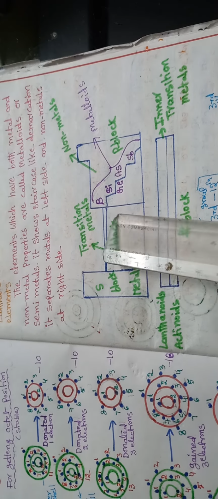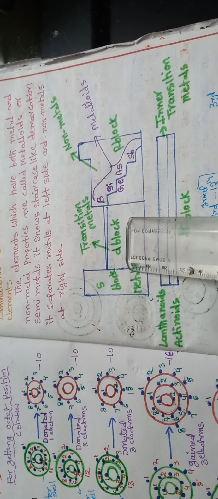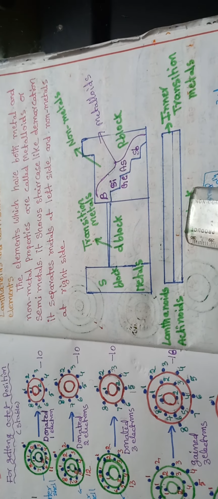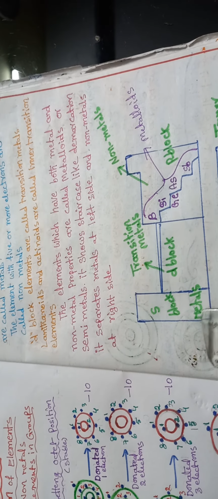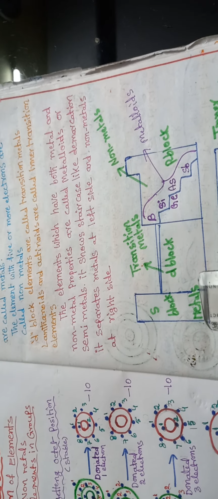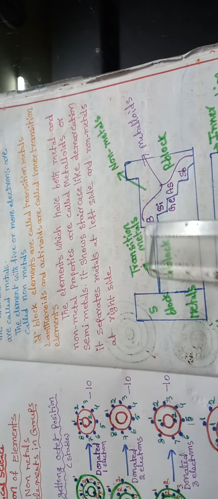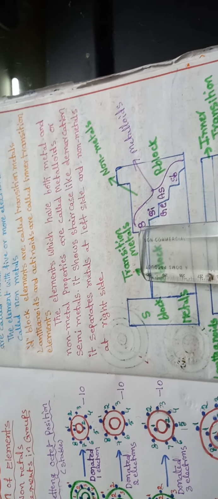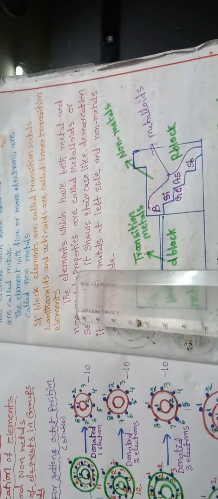So the name transition metals is given for the D block elements, and these F block elements are called inner transition metals. S block elements belong to the metals, D block also, F block also, but one special name is given for D block elements, transition metals, and for F block elements, inner transition metals.